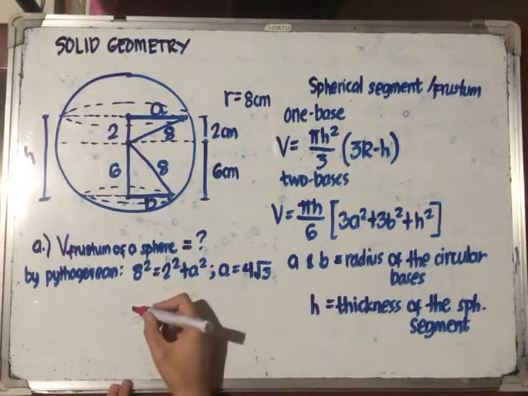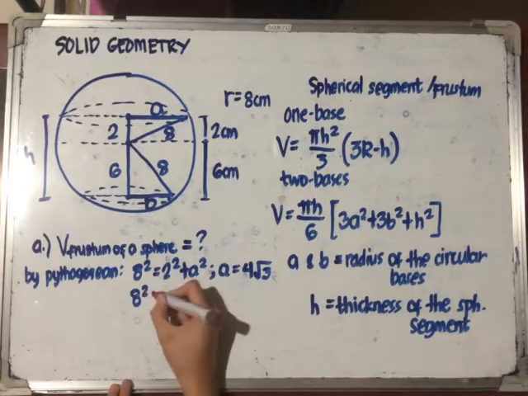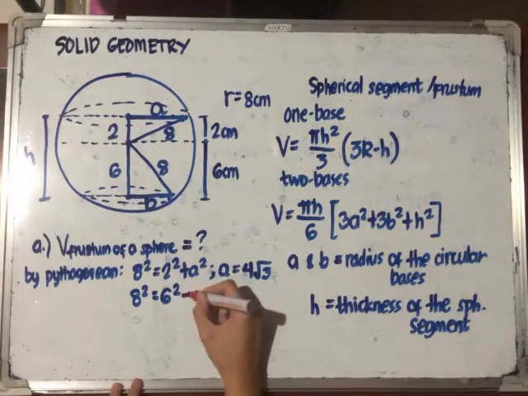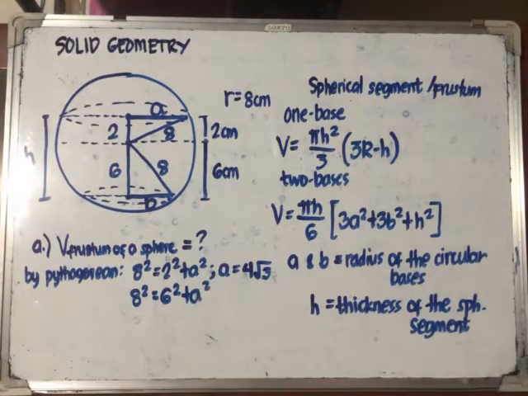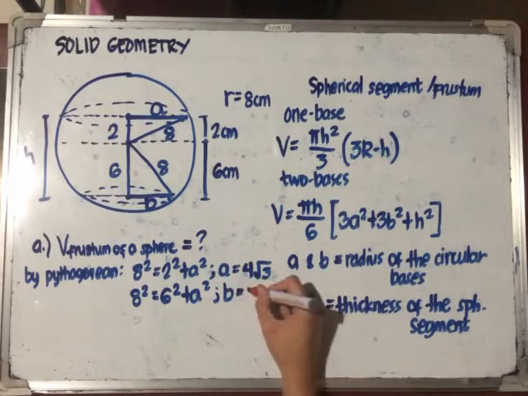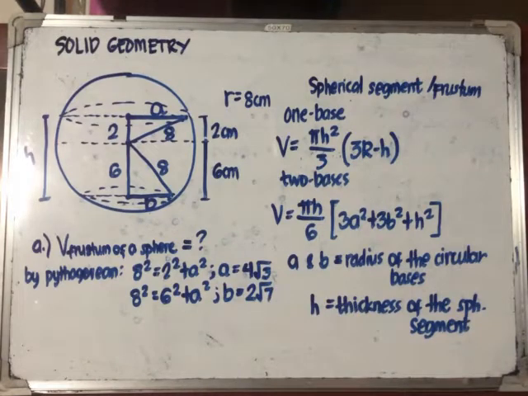Okay? For B value naman, you have 8 squared dito as hypotenuse nito, and you have 6 squared plus B squared. So that would be 2 square root of 7. We have B equals 2 square root of 7. So that's it. And then, that would be direct substitution na kagad.